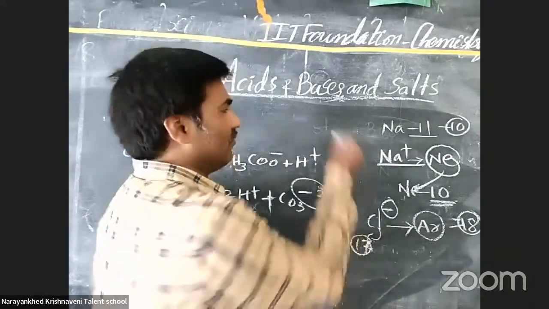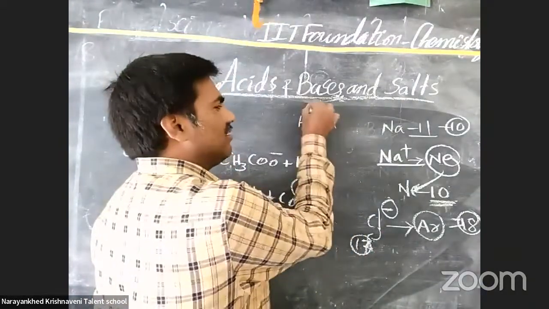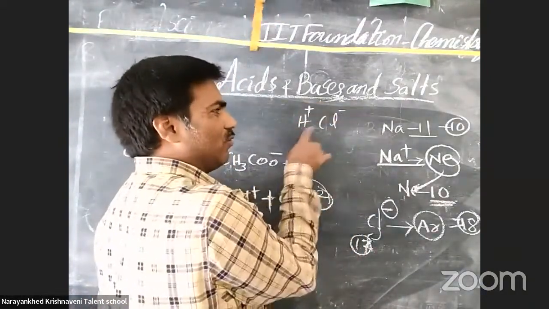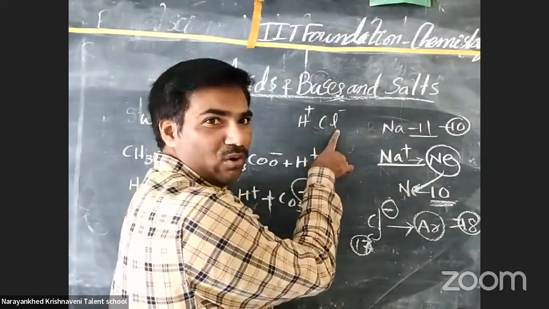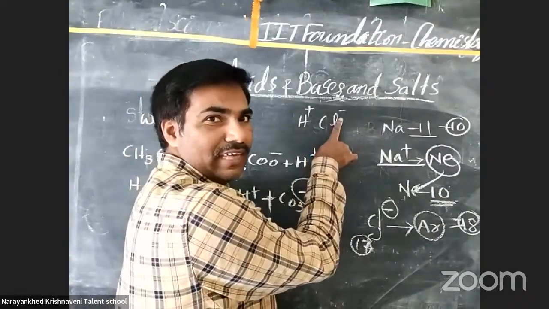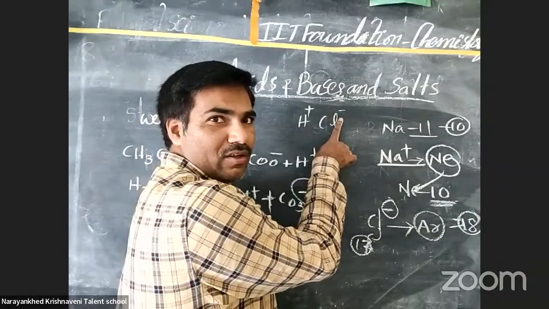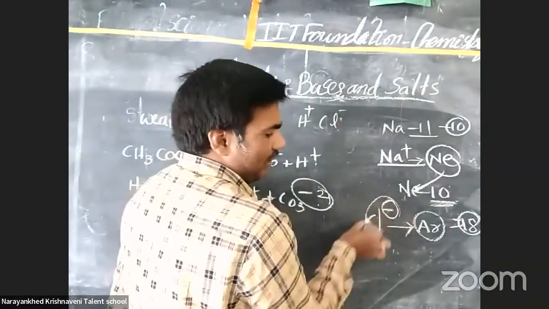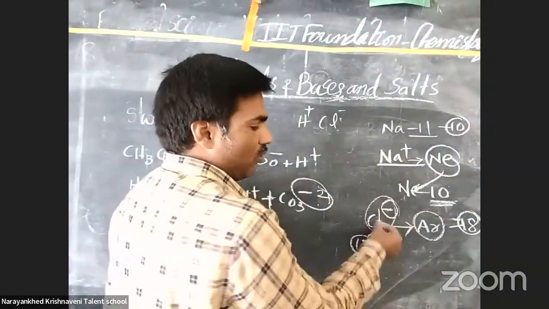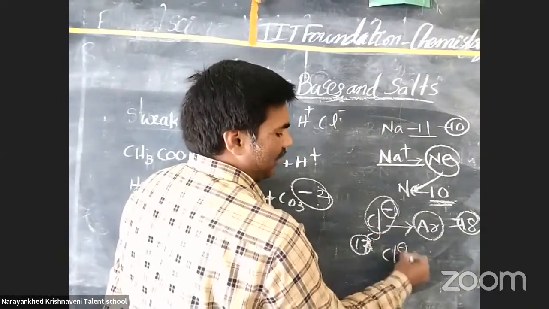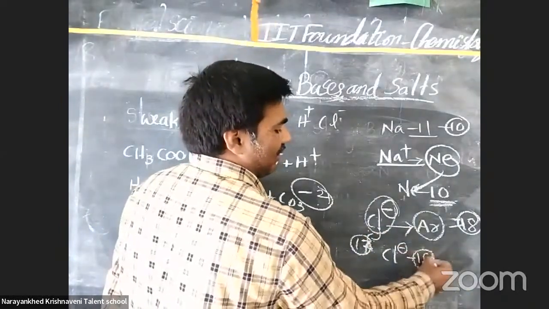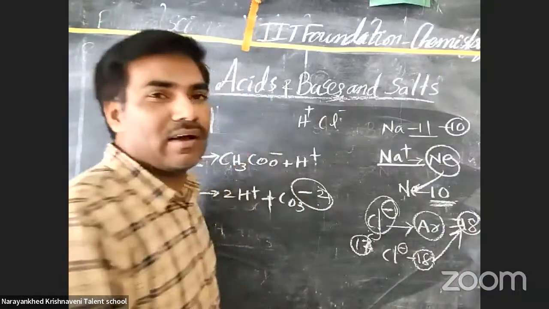Clear or not? When you take HCl, the H is plus and Cl becomes minus. Hydrogen gives one electron to chlorine. That is why chlorine is written as a negative ion. When chlorine gets one more electron, it also contains 18 electrons. At that time, it looks like argon.